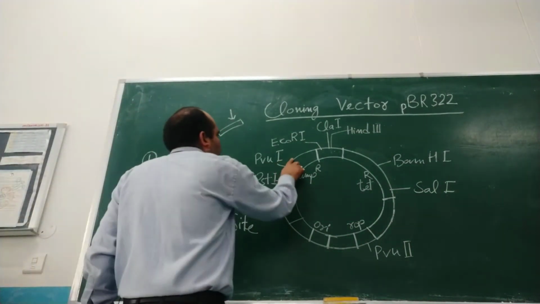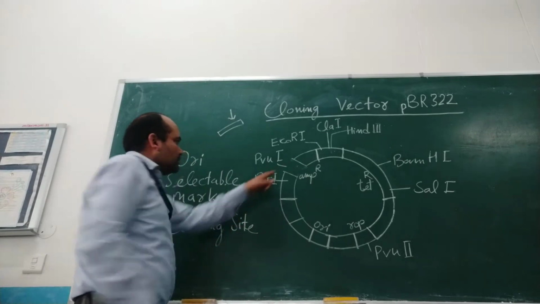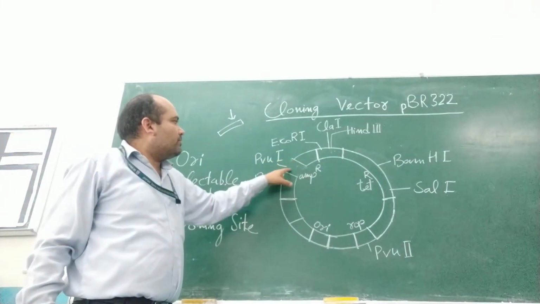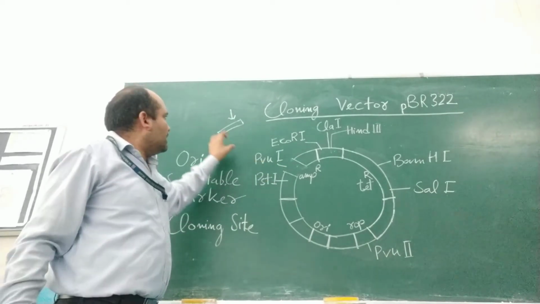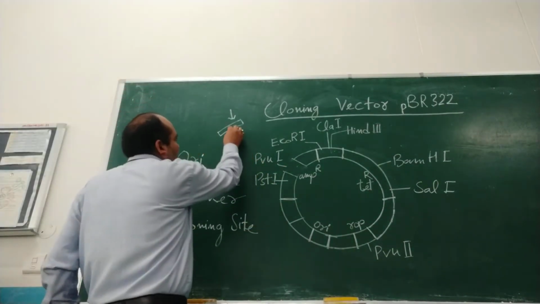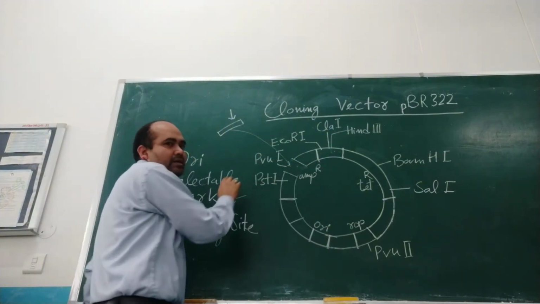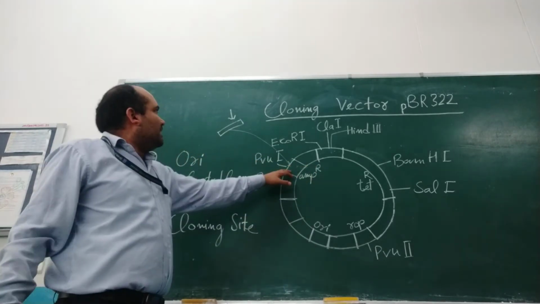Then, if PvuI cuts the DNA from here, see that this enzyme cuts the DNA from here because this enzyme is known as a restriction endonuclease. Then you will ligate your desired gene into this area like this, and automatically what will happen?